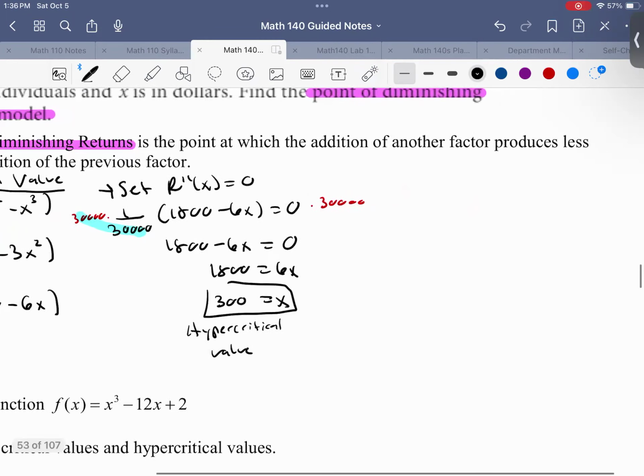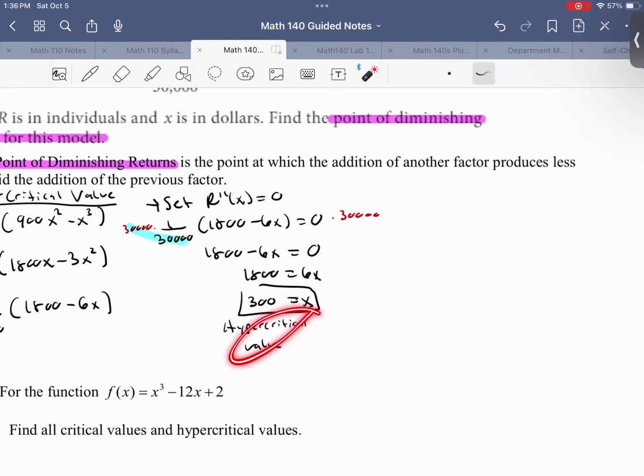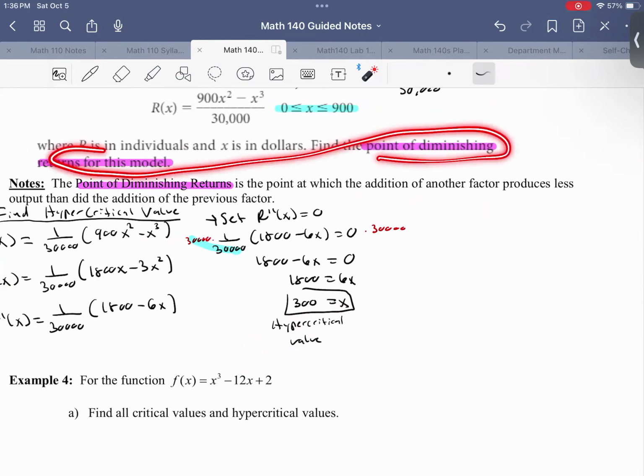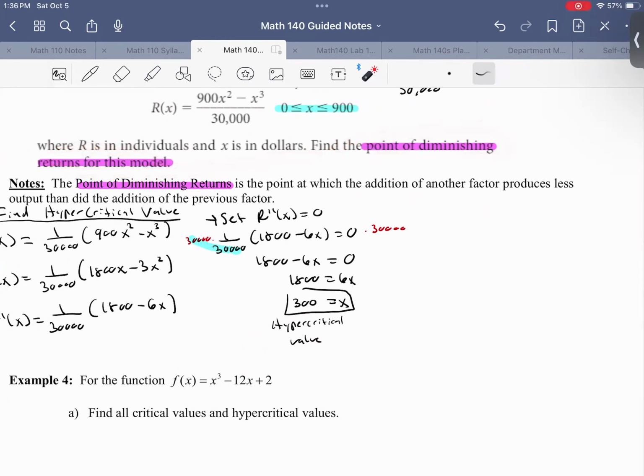Okay, so now we have our hypercritical value. Now we just have to verify that it actually is a point of diminishing return. And the way we do this is to see that it's concave up before it and concave down after it. So what we're going to do is a number line to test for concavity.